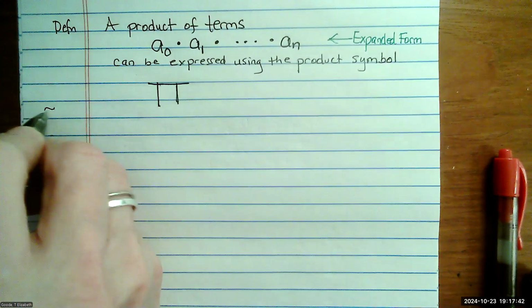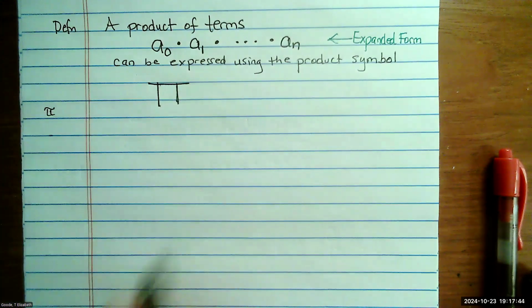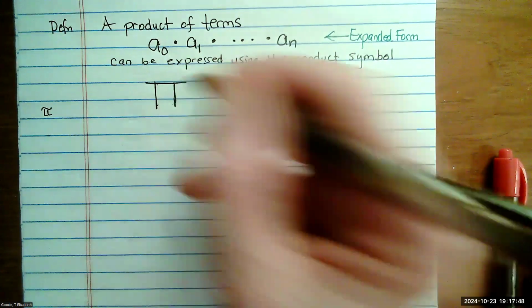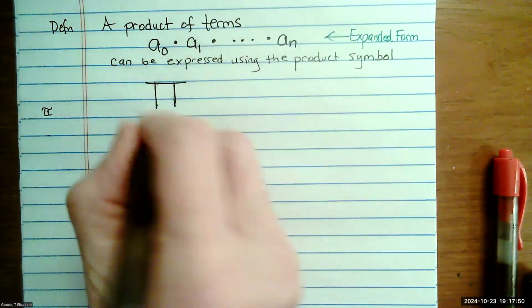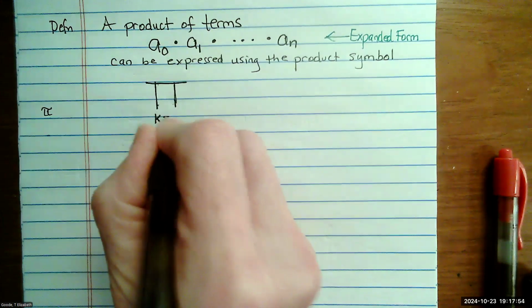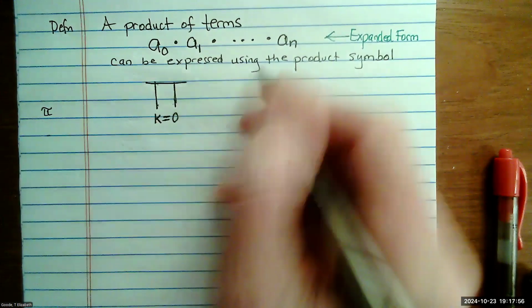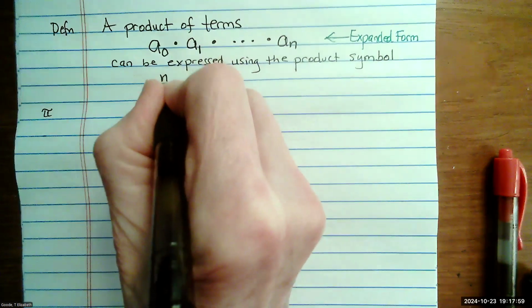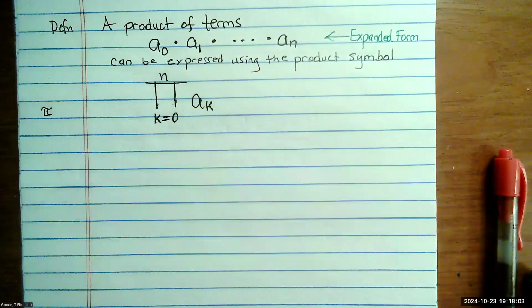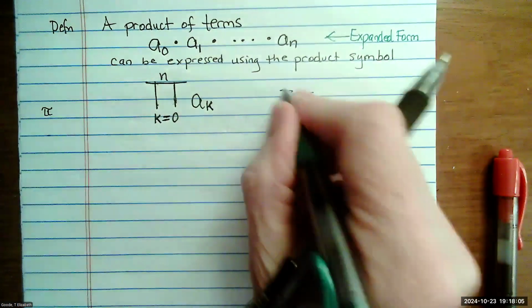The lowercase pi looks like this, right? But this is the capital pi for product. Make it a little bit longer. And then this would be, if we use k as our indexing variable, k is starting at 0 in this sort of example definition, and we're going up to an upper limit n, and this is of the term a sub k. And this, of course, is closed form.